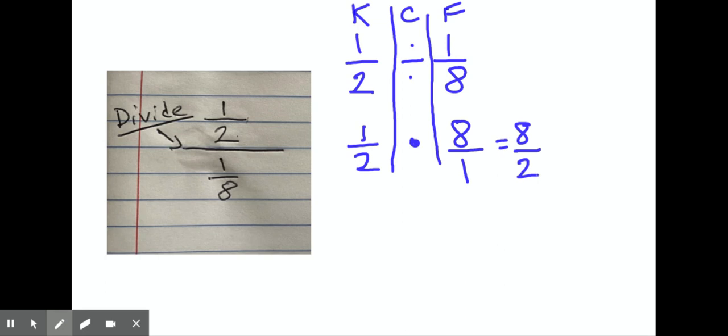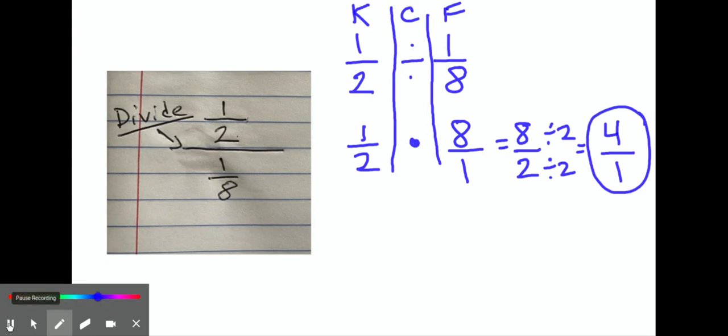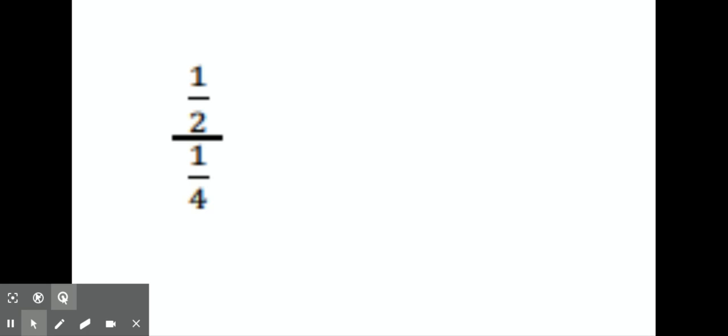I'm going to simplify my answer by dividing by 2. And I'm going to keep my answer as a fraction form of 4 over 1, because 8 divided by 2 is 4, 2 divided by 2 is 1. Now you try 1/2 divided by 1/4.